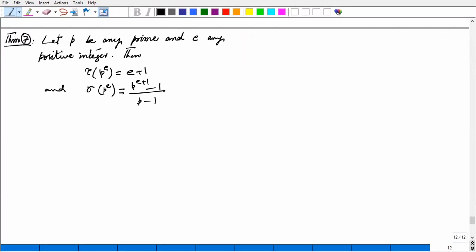So if you are able to find the tau and sigma of any power of prime, then you will be able to find them for the product of powers of prime, because tau and sigma are multiplicative functions. Okay, so before going to that, let's have the proof of theorem 7.